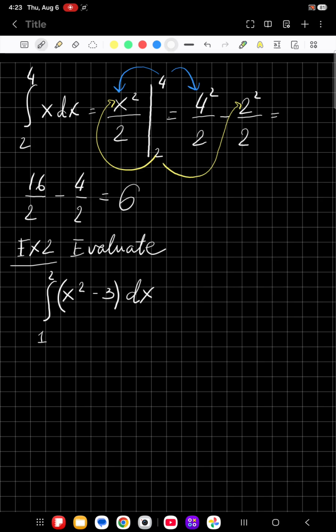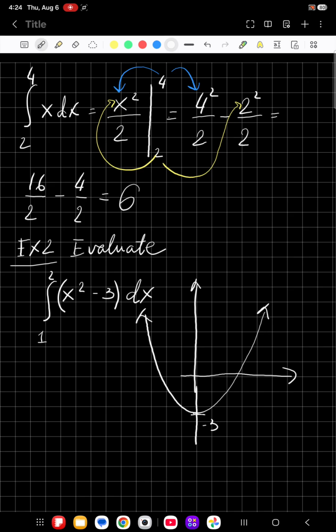And then we'll actually do it. Okay, so here's the graph. It's from 1 to 2. Here's the parabola. It's just a regular parabola shifted down by 3 units.